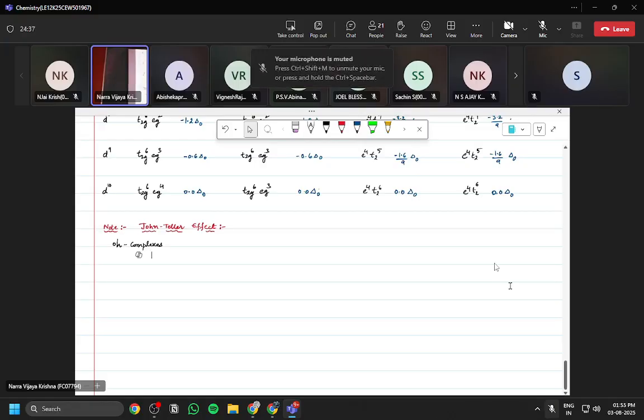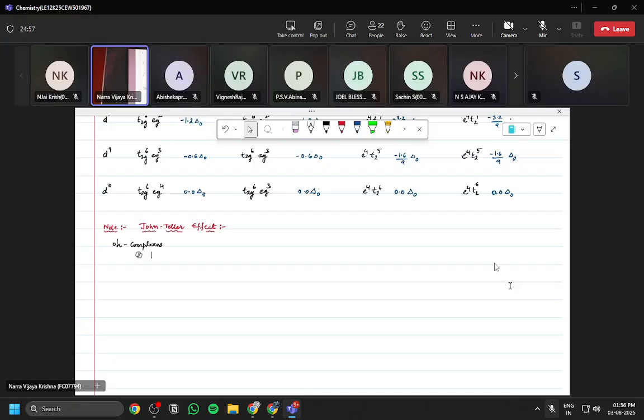Now, why are we studying this T2g, Eg, or e2 t2? When ligands approach, the ligand field will disturb the electrons of the central atom.